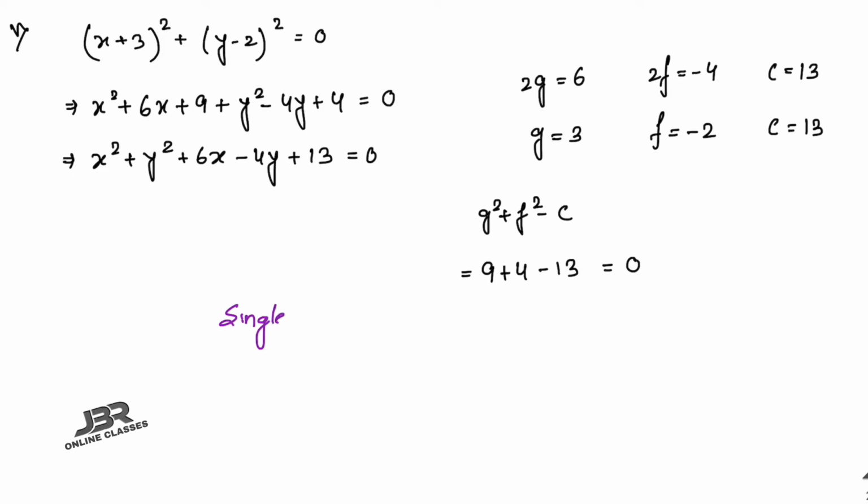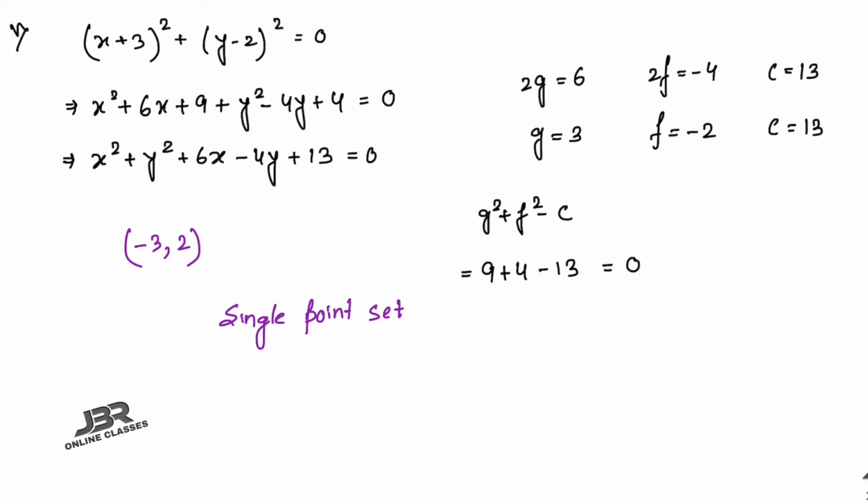Okay, single point set, or you can also call this one a point circle. Okay, and here the center is minus 3 and 2. Minus 3, 2 is the center, and it is a single point set or point circle.